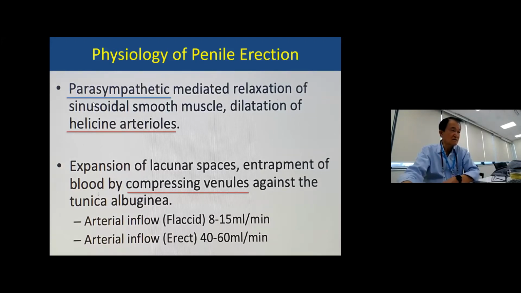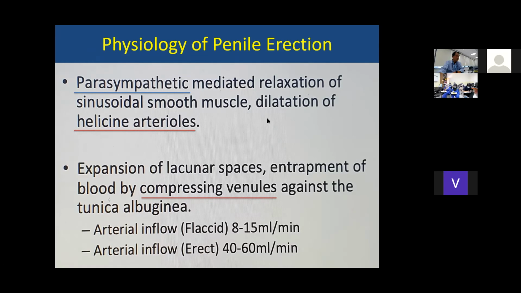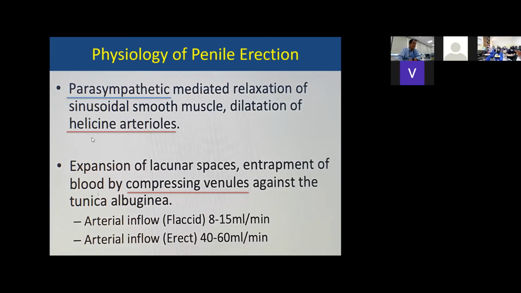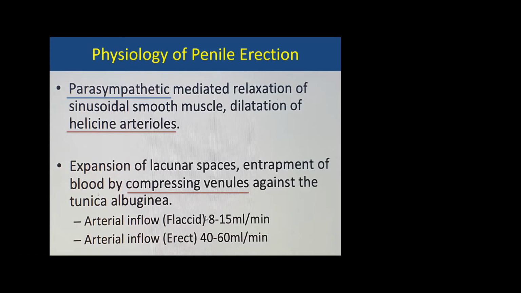Erection is related to parasympathetic relaxation of sinusoidal smooth muscle and dilatation of helicine arterioles. There's an expansion of lacunar spaces in the penile structure, entrapping blood by compressing the venules. So they measure this kind of thing. Erection has almost 3 times more blood flow.